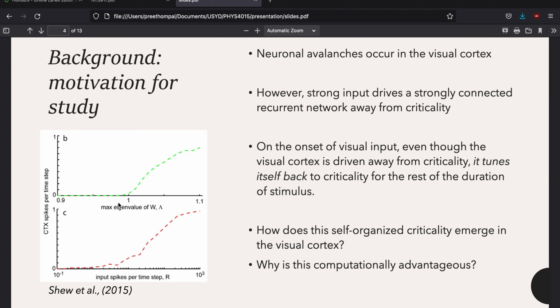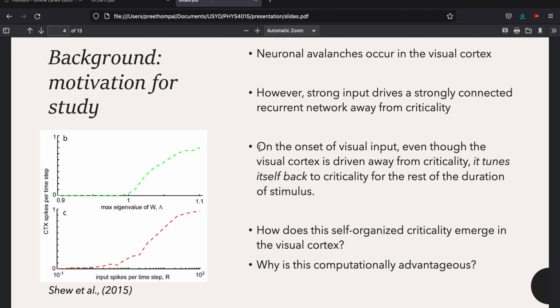So this is again just showing you that criticality is controlled by synaptic strength, but the same phase transitions showing criticality can be controlled by your rate of input. So if you increase input spikes per time step, you also get this phase transition showing criticality.